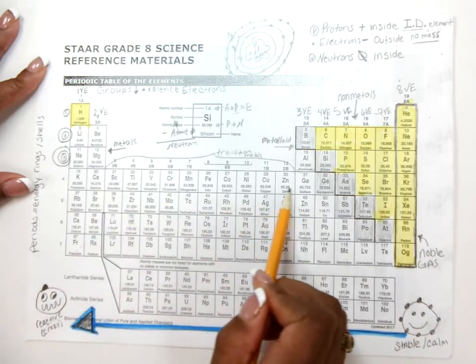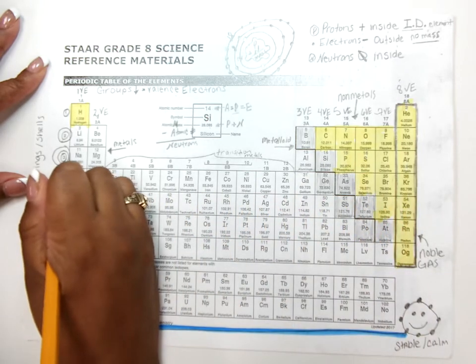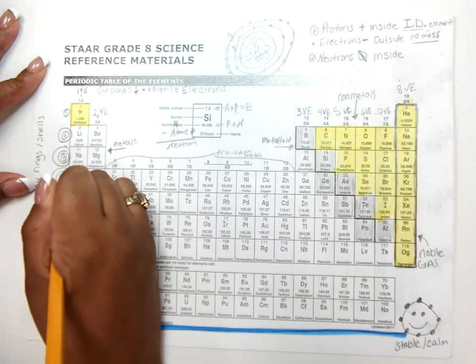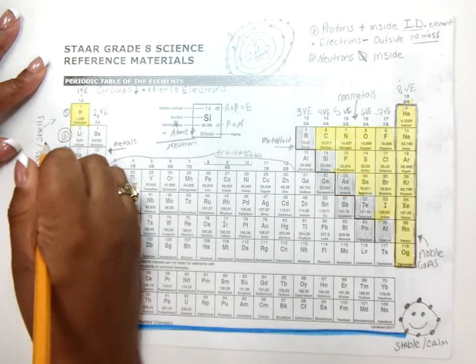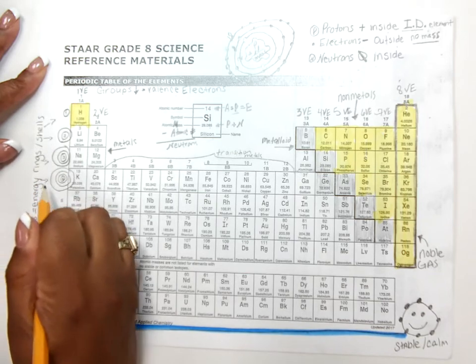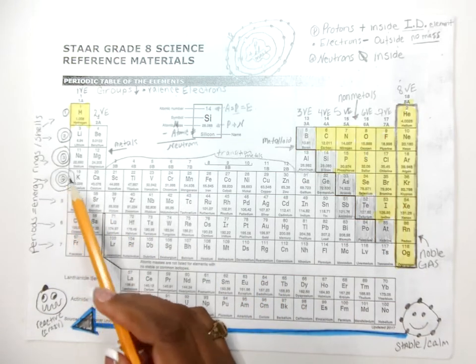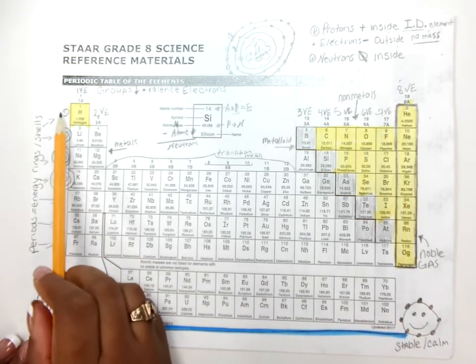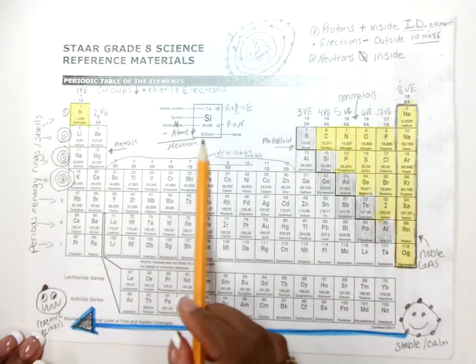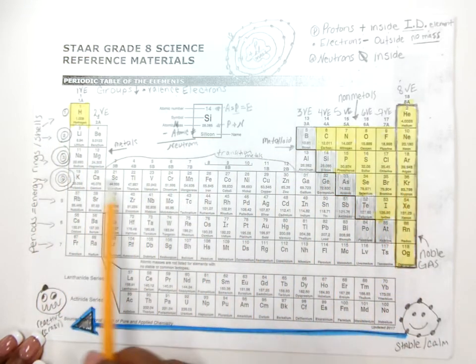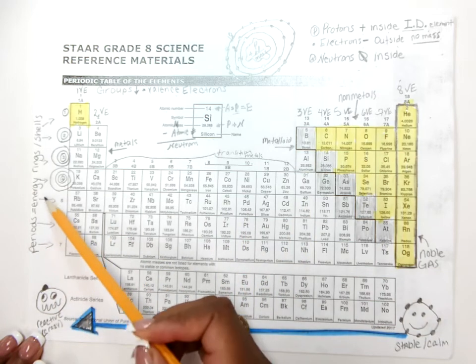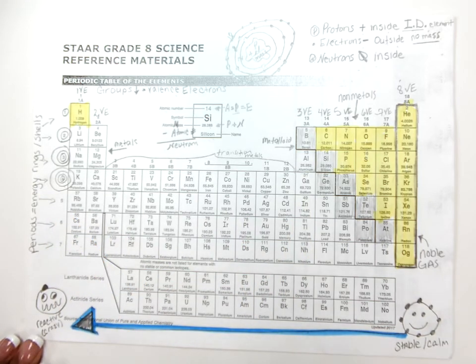And all of these have 4. 1, 2, 3, 4, and so on. I'm not going to finish drawing the rings because I can't fit them. But just remember that all of these have 1 ring, all of these have 2 rings, all of these have 3 rings, and so on. So your periods are your energy rings or shells. Your groups are your valence electrons, and you already know how to put in the protons, neutrons, and electrons.